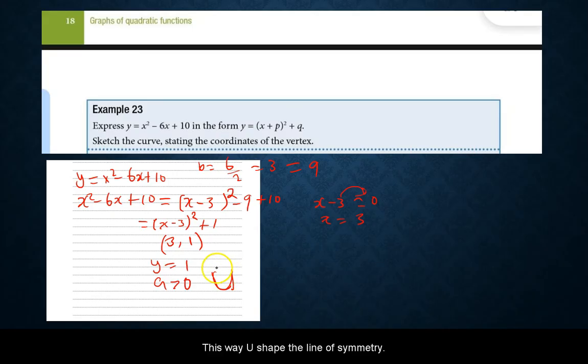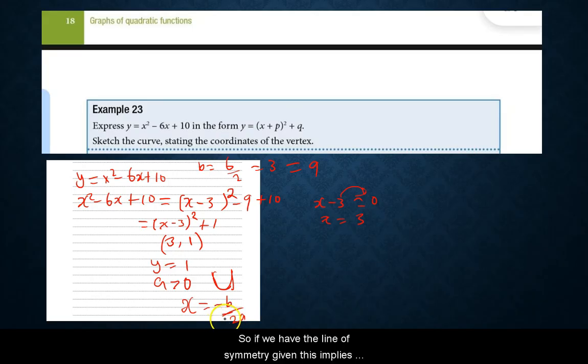Therefore, the graph is going to be shaped upward, this way, a U-shape. The line of symmetry, we can check with the equation x is equal to negative b divided by 2a. This is a formula you know, and you can check your list of formulas, MF19.